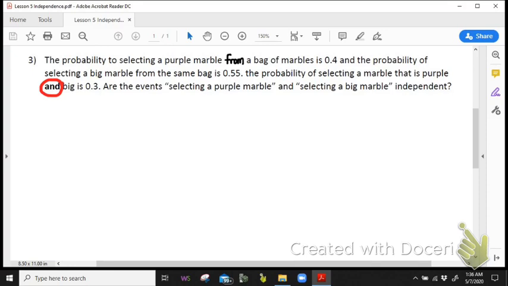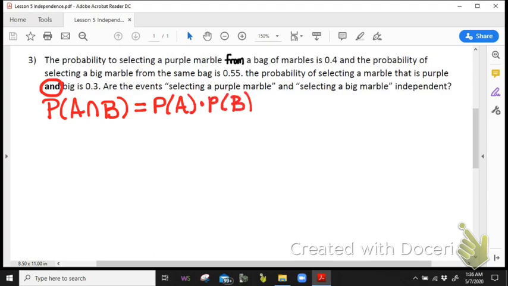All right, so that formula says that if the probability of A and B is equal to the probability of A times B, then the events are independent. So in this example, the first event is that the marble is purple.